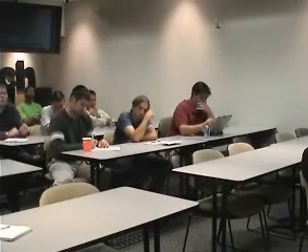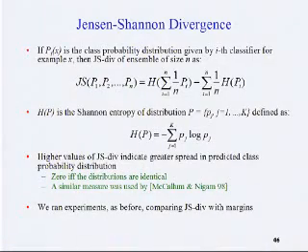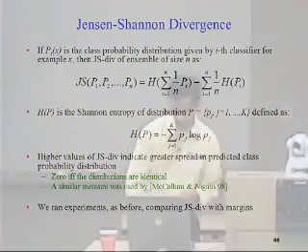But an alternate approach is we could use some information theoretic measure such as Jensen-Shannon divergence to measure the utility of acquiring the label for an instance. Here the JS divergence is just a measure of the similarity between different probability distributions.